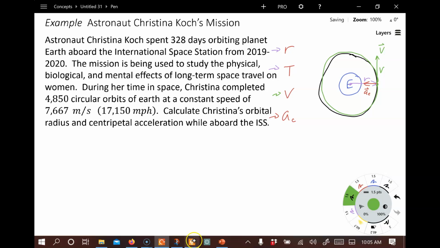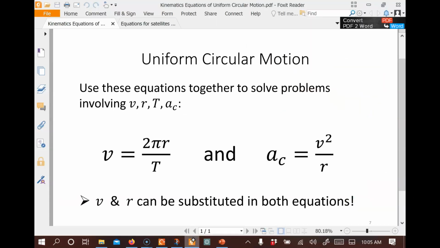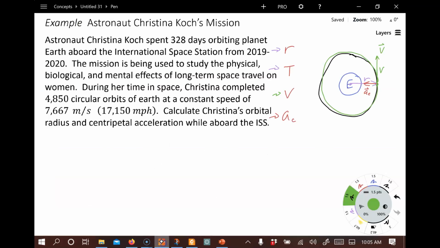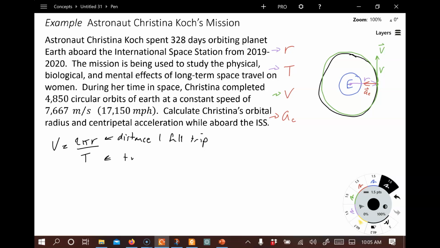So let's look at our equations again. v equals 2 pi r over T is one of those, and that's just how fast you're going: the distance of one full trip around divided by the time of one full trip around.